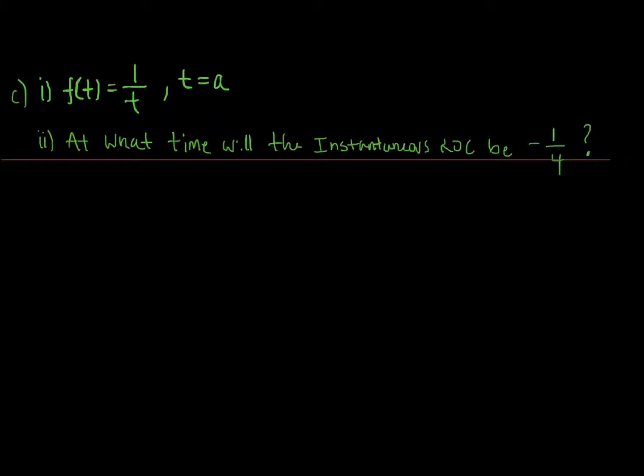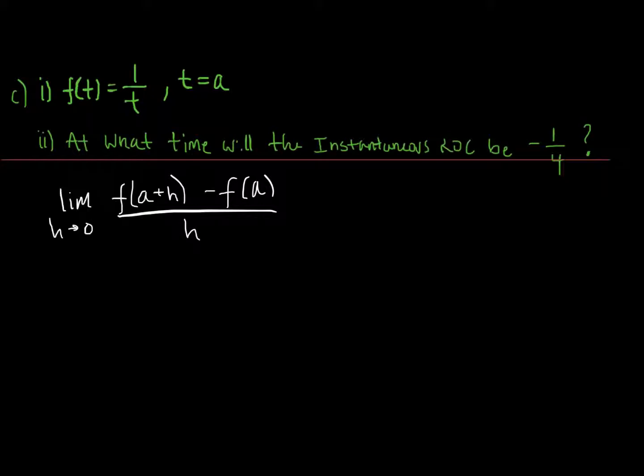So it might be helpful to write it out first. Limit as h approaches 0. What we want is f of a, right? We're finding the instantaneous rate of change when t is equal to a: f of a plus h minus f of a, over h.